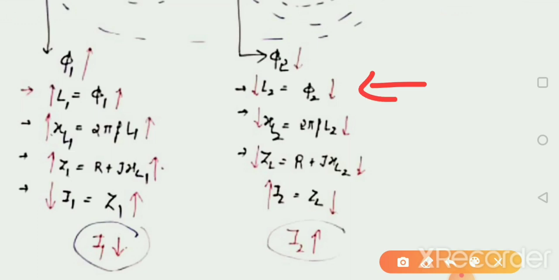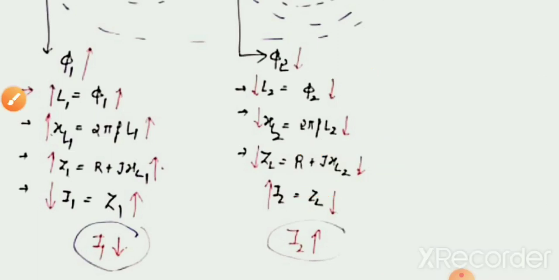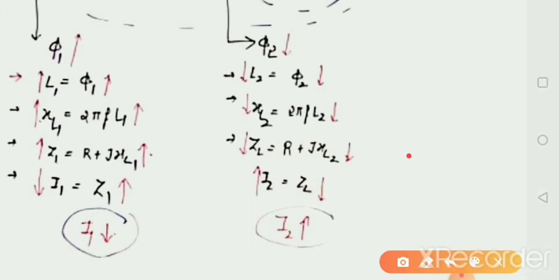Now when we see the other part, if the flux is decreasing, then we can say L is also decreasing. The value of XL is 2 pi f L, so as L is decreasing, the inductive resistance effect is also decreasing. If this value is decreasing, then the overall value is also decreasing, and we can say the impedance is also decreasing.